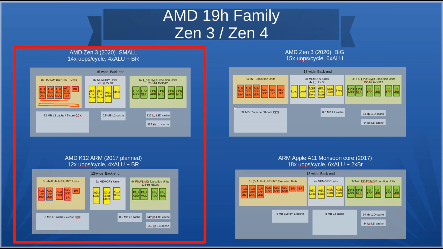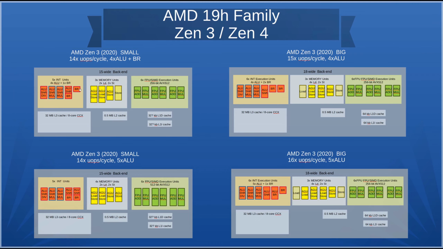And the other extreme is a full 6 integer units, which means 6 LAUs. But let's recap all the possible things which can happen in the middle of this. So let's take a look at the middle variants.